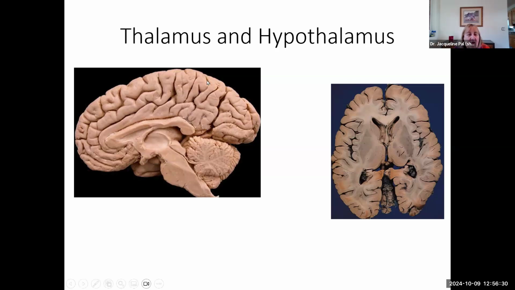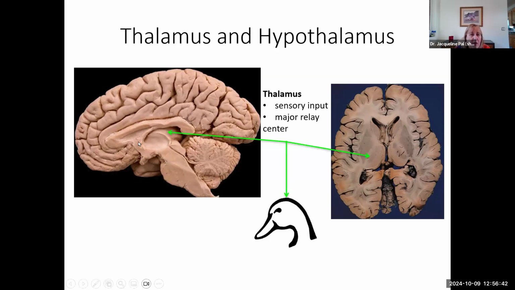Okay. So for this, I want you to look at this picture on the left and look for the duck's head and beak. See if you can find it. Okay. So the duck head right here, this oval thing looks kind of like an Easter egg. See the Easter egg over here? That's the duck's head. This is the thalamus.